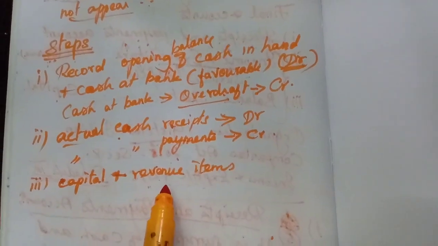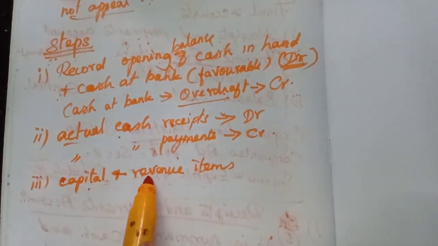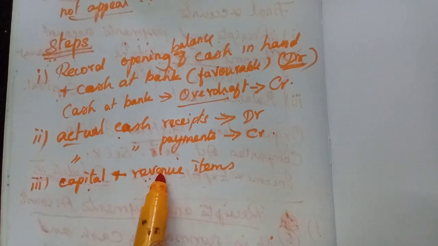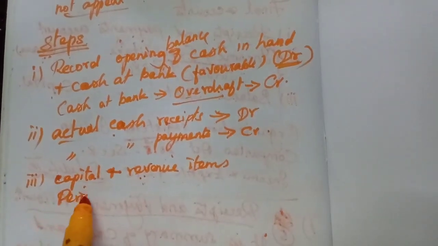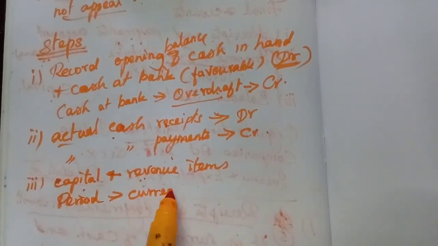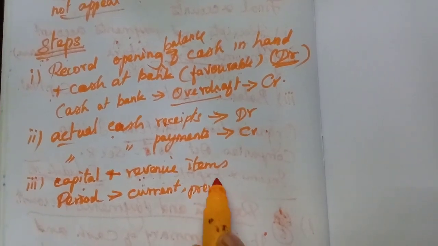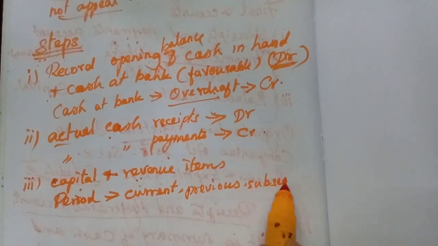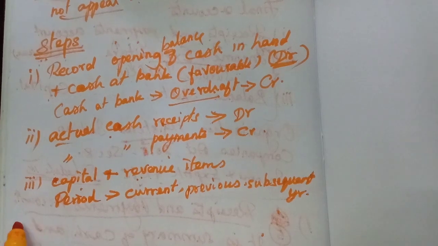No need to distinguish between capital and revenue; that will be done only in the income and expenditure account. And do not worry about the period either. The current year receipt and payment, the previous years, the subsequent years, everything will be entered in the receipts and payments account. Understood?